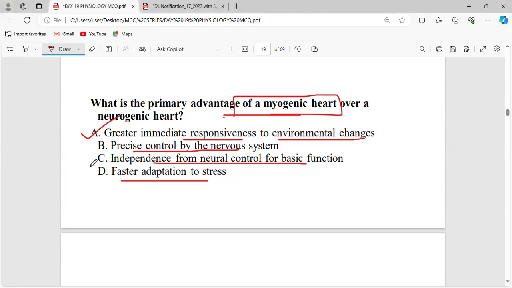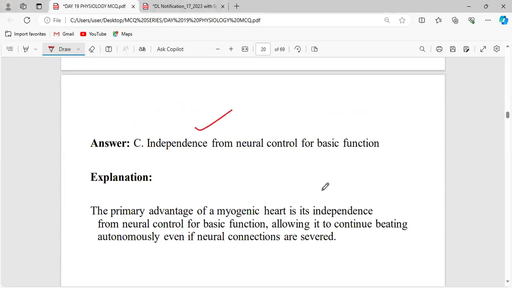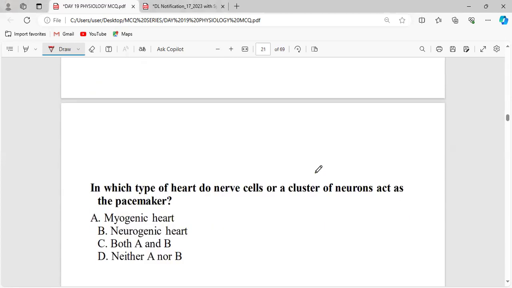Greater immediate response, precise control, and faster adaptation to stress are all advantages of the neurogenic heart. So the advantage of the myogenic heart is that it is independent of neural control.